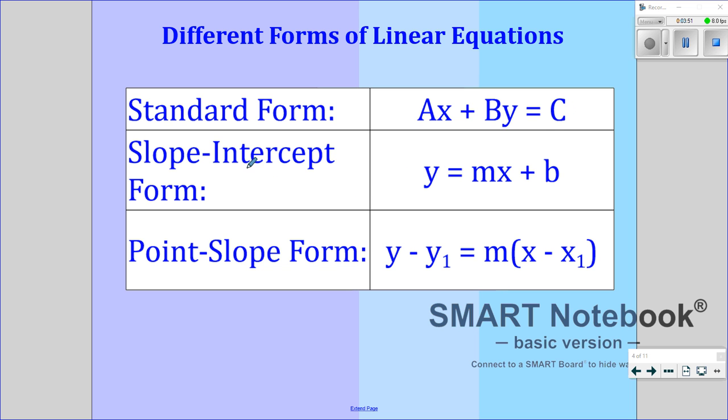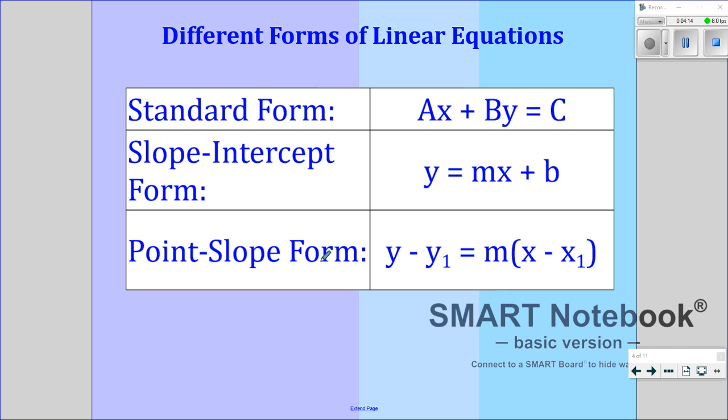You previously learned about the slope-intercept form, which is y equals mx plus b. m is the slope, b is the y-intercept. It's the number that stands alone, and the slope is always next to the variable, which is x. And now the point-slope form, you have y minus y1 equals m times x minus x1.